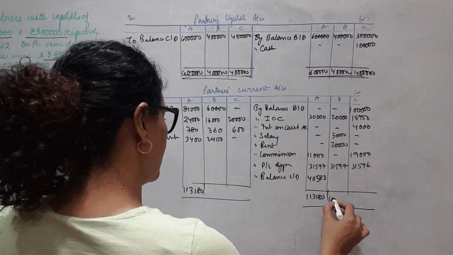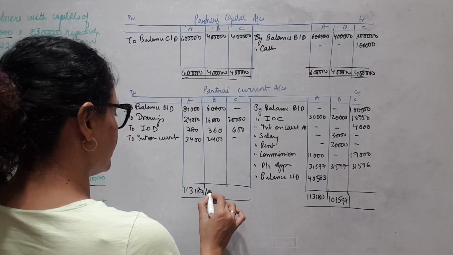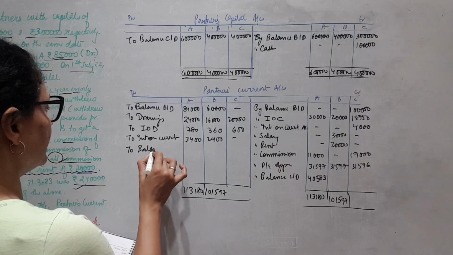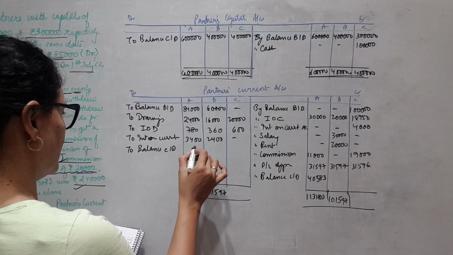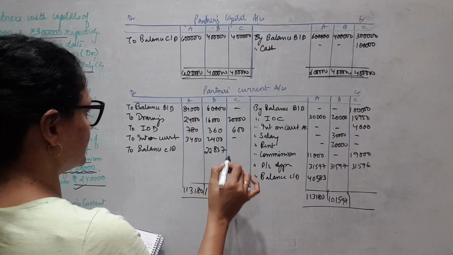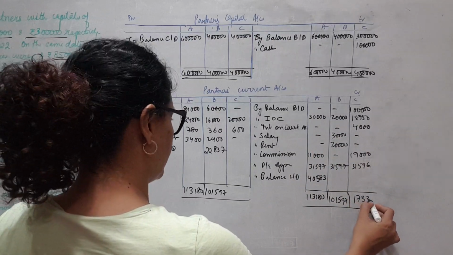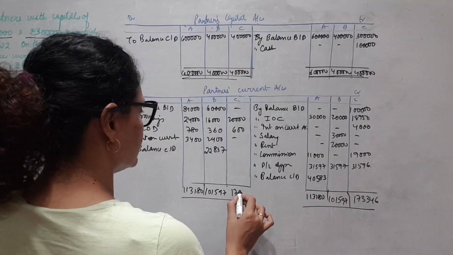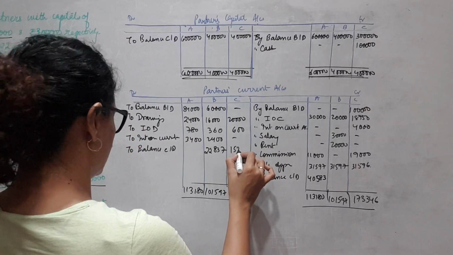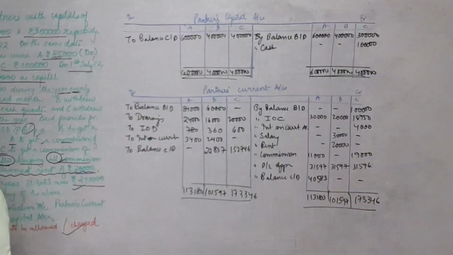B is getting 1 lakh here, 1,05,997, and lesser amounts are deducted here. So, to balance carried down for B. It's coming a positive balance of 22,837. C, of course, the credit side is more, 1,73,346. Minus this 1,52,746. Please check that and do it on your own.